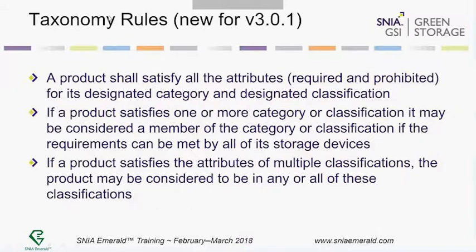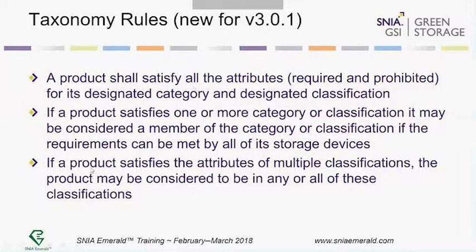And in the new spec, we did add some clarification as far as the taxonomy rules, and it really comes down to, you had to be considered a particular category and a designated classification. You had to satisfy all the attributes, the ones that are required or prohibited.